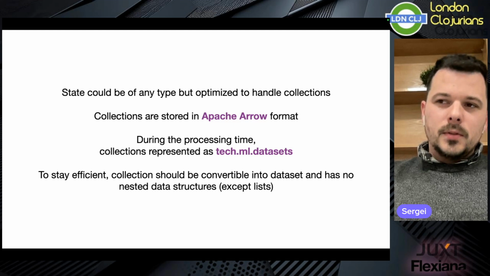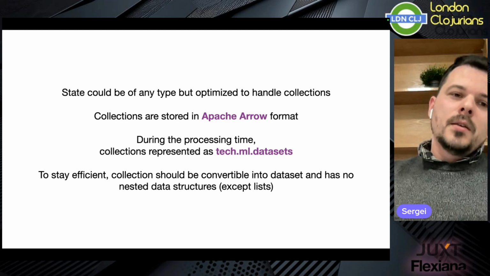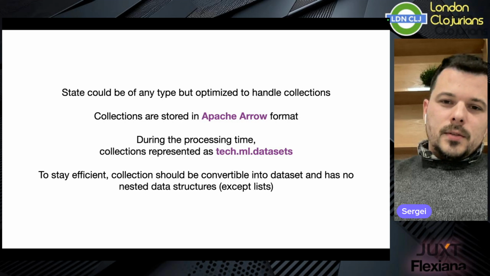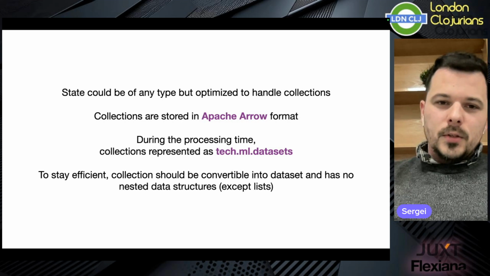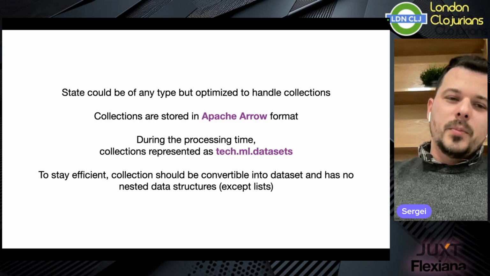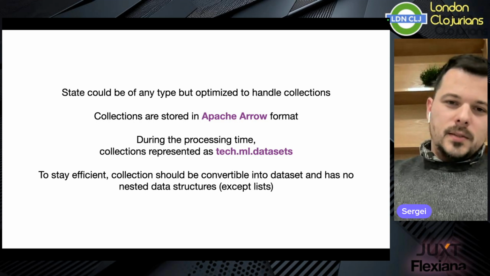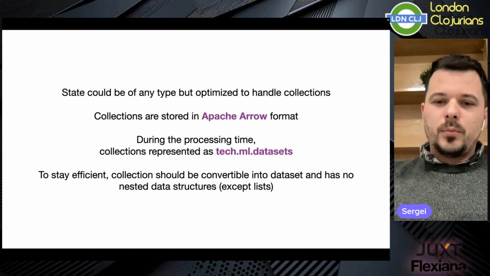Collections means you can think of them as a vector of maps, right? So if you have a large vector of strings, it cannot be stored as a dataset or Apache Arrow format. You need something like a map as an item inside the vector. In this case, it would work, and it will be optimized for storage and processing.